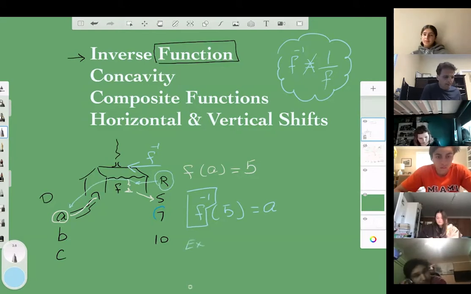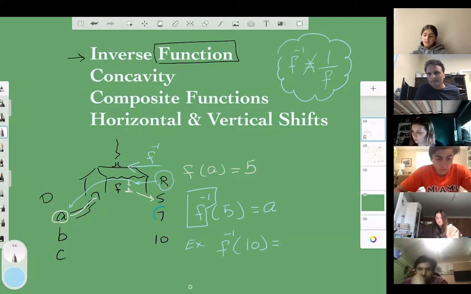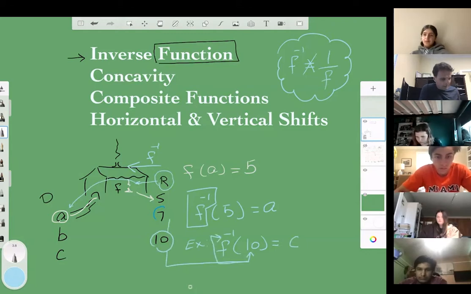For example, F inverse of 10, the answer will be C, correct? 10 is the input of the inverse. That means if 10 goes inside of this function, the output will be C.